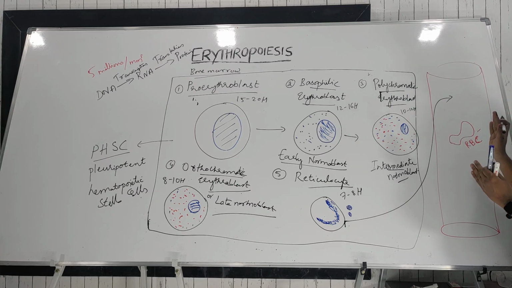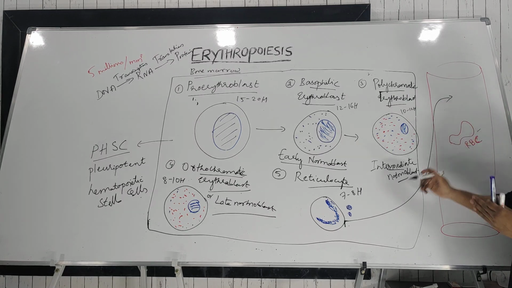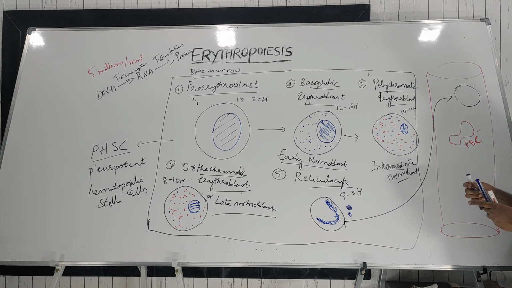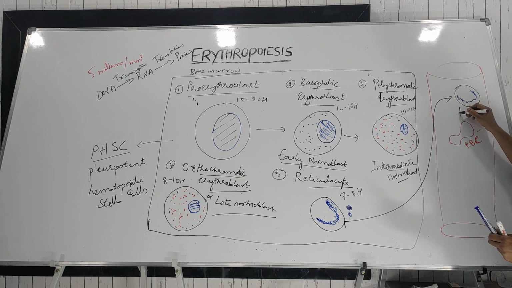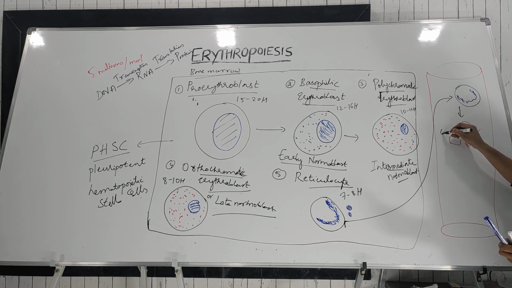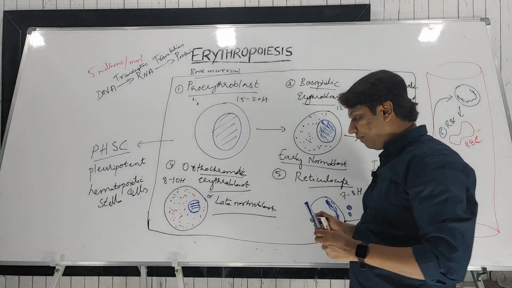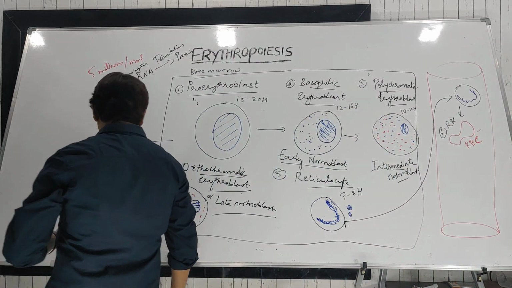This reticulocyte will enter into the sinusoidal capillaries, that is, the blood circulation. Now from this reticulocyte, the final mature RBC is formed. The nuclear material is totally lost, and this RBC will be an anucleated cell having hemoglobin, with a diameter of around 7.8 micron.